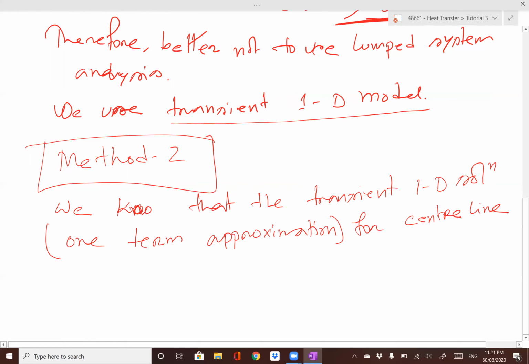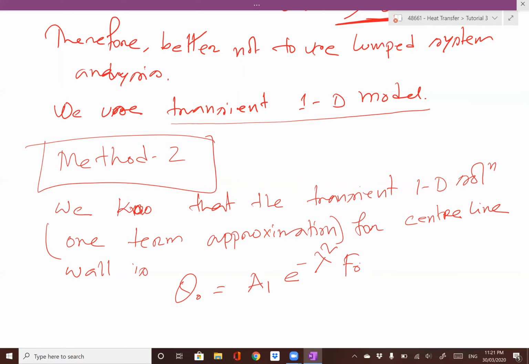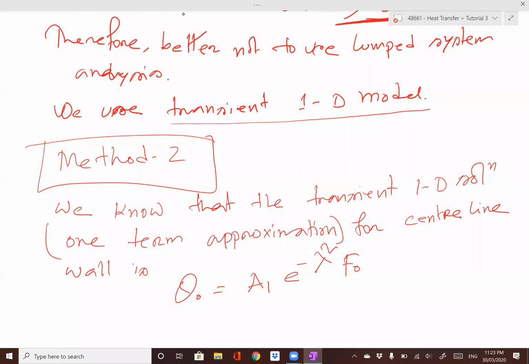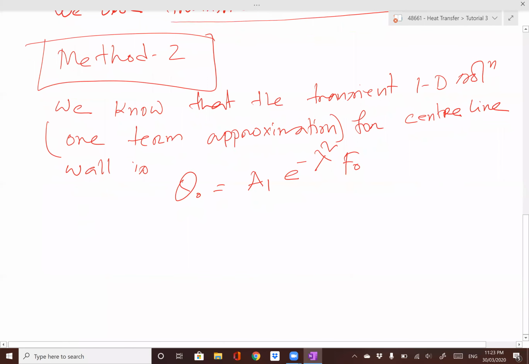The center line wall formula is A1 e to the minus lambda 1 square F naught. Now the dimensionless center line temperature we can calculate from the formula I already used for the first method.